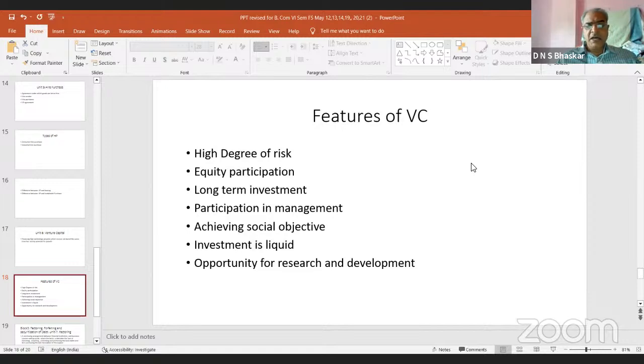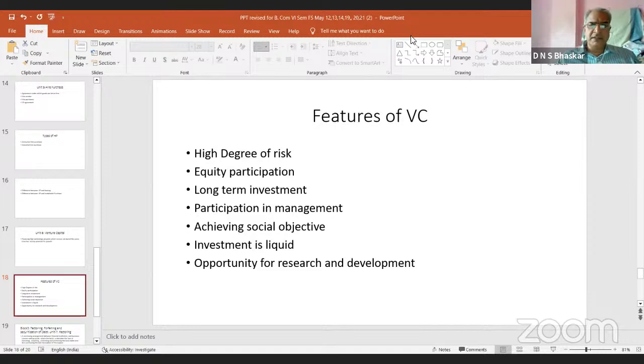The last one is opportunity for research and development. When you are going for research, for example a new machine or a new missile or any new product, there is no guarantee that it will become successful. But unless you try, it is not possible to bring out any new equipment. This process is possible only with the help of venture capital.